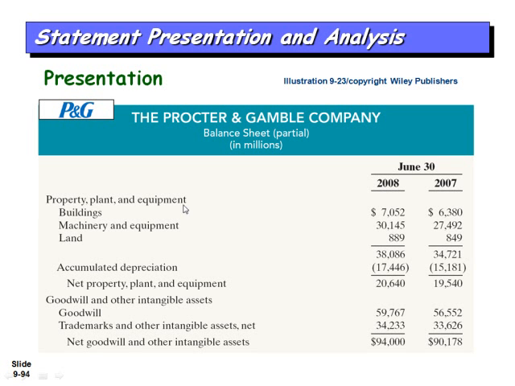So here we've got property, plant, and equipment, building equipment, land. You've got your total equipment at your original cost, less your accumulated depreciation and your net book value. At this company, they have goodwill and trademark as their intangible assets. What do you not see at Procter & Gamble? They don't have any natural resources.